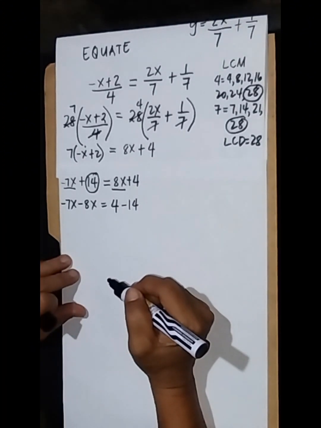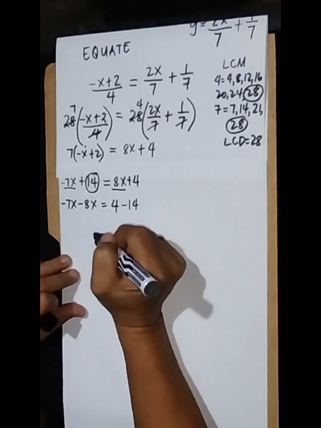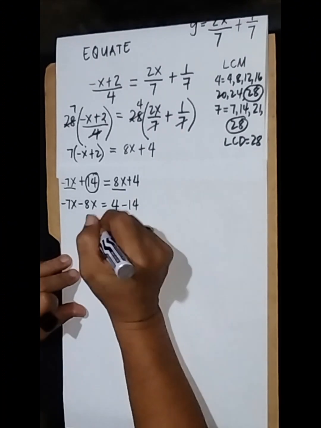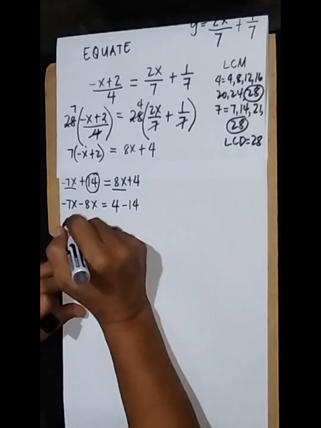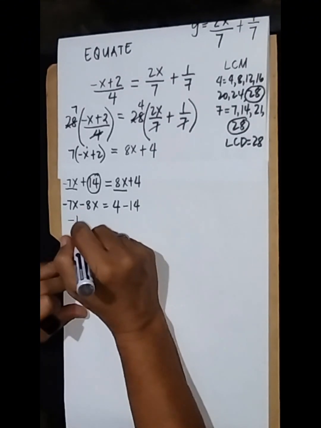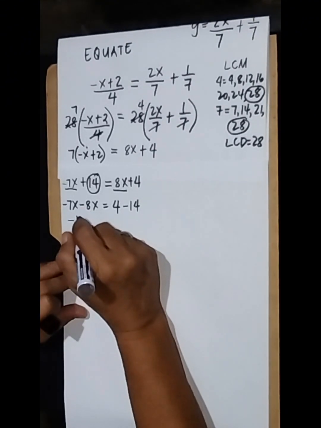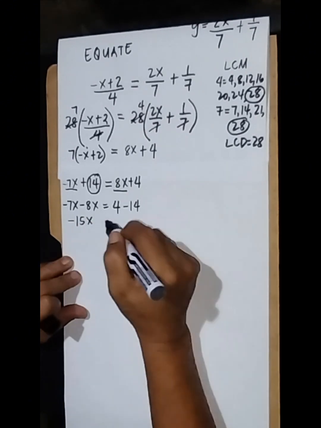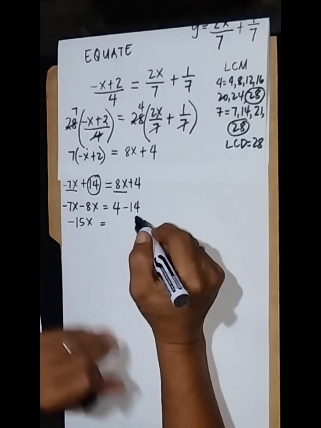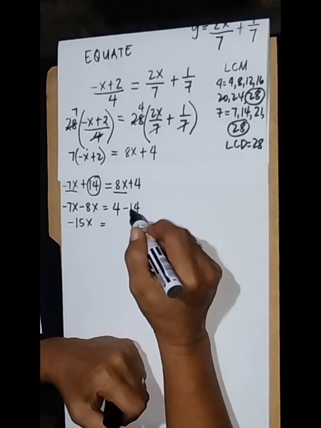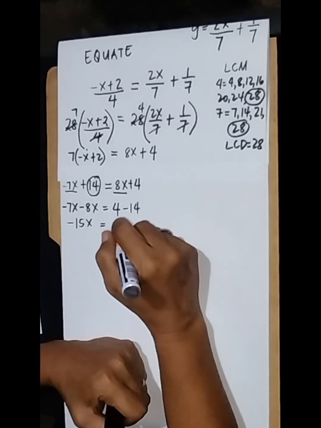Now, negative 7x minus 8x, we have to add because they have like signs. So, we bring the negative sign, and 7 plus 8 is 15. So, negative 15x equals. Here we have to subtract because they have unlike signs. So, 4 minus 14 is 10.